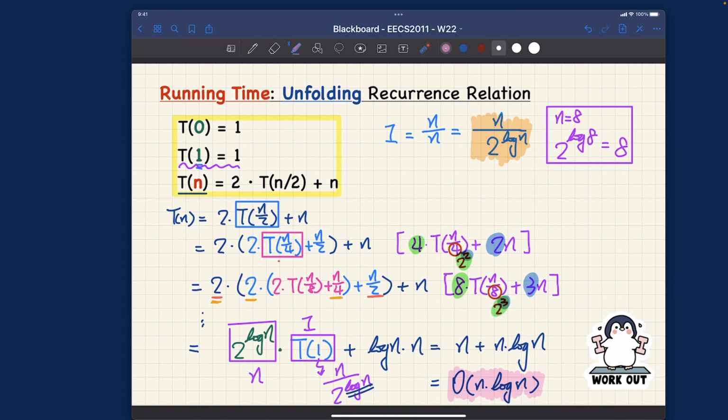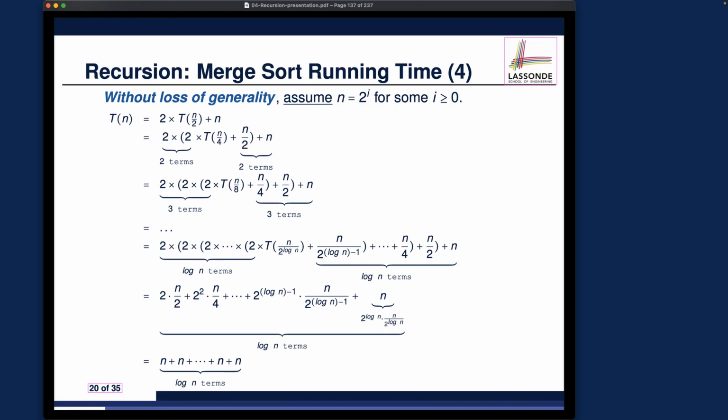Either you can show the work on how the simplified form should look and observe the pattern of the simplified form, rather than observing the pattern of the original, like a times 2 and also plus n, or actually not even plus n, plus n over 2, plus n over 4. That would be trickier to observe. But if you want to do that, you can definitely compare your own answer with this one over here. You should know both. That's what I can advise.